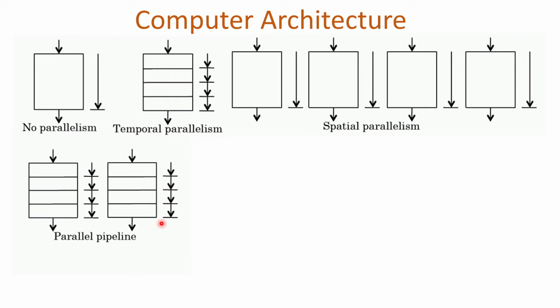In temporal parallelism, according to this diagram, a maximum of 4 instructions can run at a time in some stages, but here it can be doubled, it can be 8, because the same hardware has been replicated twice.